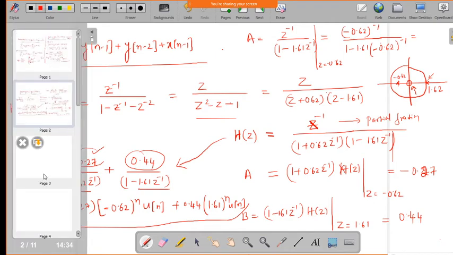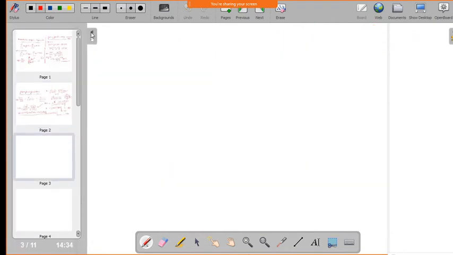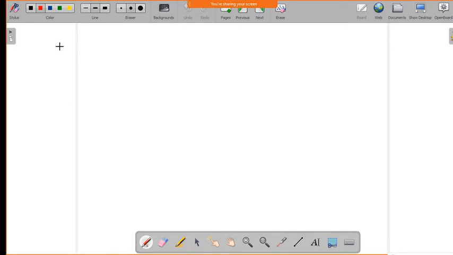Now take one more problem and try to do. In this problem we have the impulse response which is given. The impulse response is given like this, that is minus 2 into minus half power n into u of n, plus 3 by 4 power n into u of n.